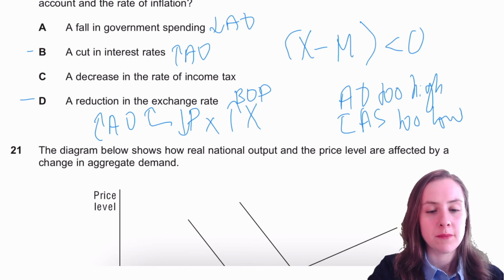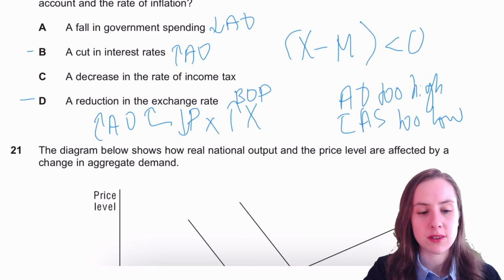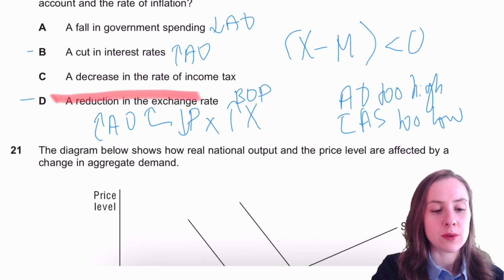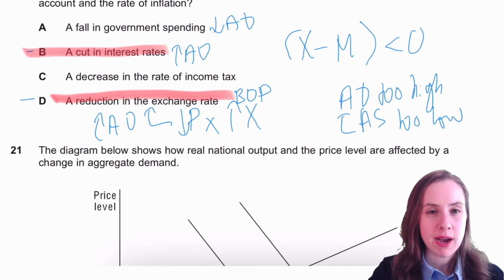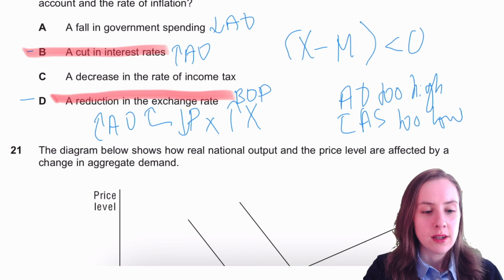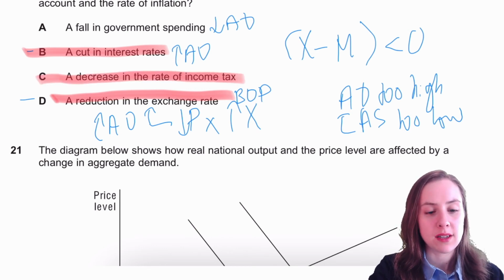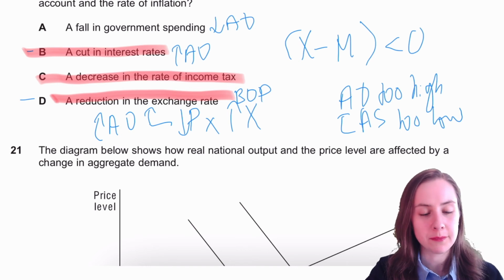We want to definitely increase exports. That seems good, but it's going to have a bad effect on inflation. So this one is bad on inflation. That one is bad on inflation. And C is actually bad on inflation. If you have decreased income tax, people are spending more money.